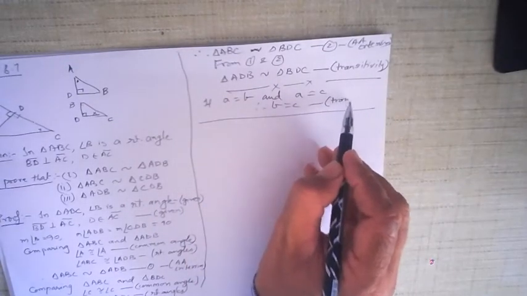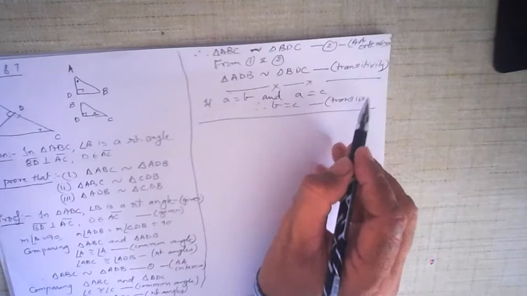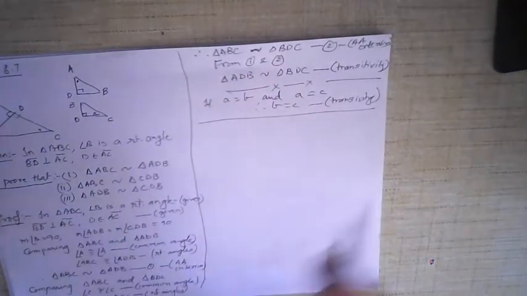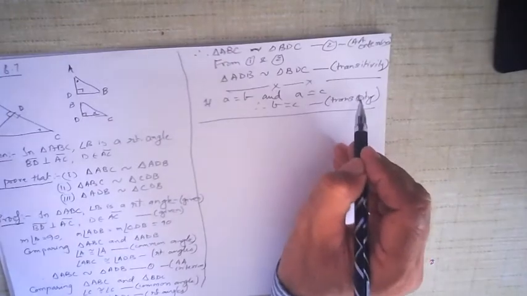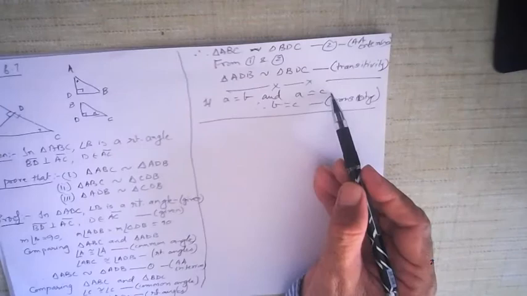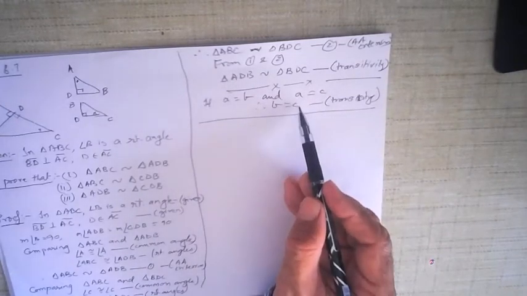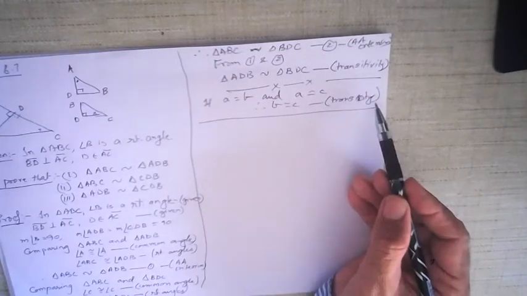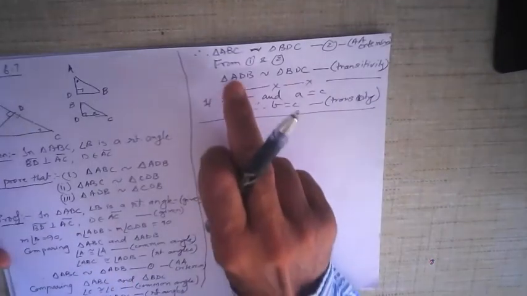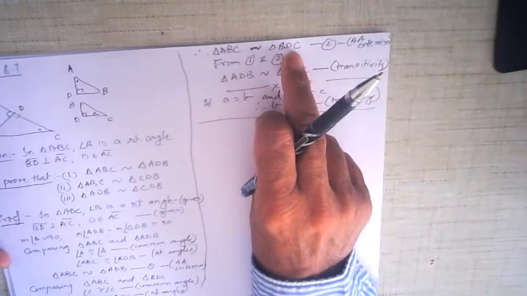Remember, this is not part of the proof. This property is called transitivity. A is equal to B, but A is also equal to C. Therefore, B is equal to C. So, triangle ABC is similar to triangle ADB, but triangle ABC is also similar to triangle BDC.